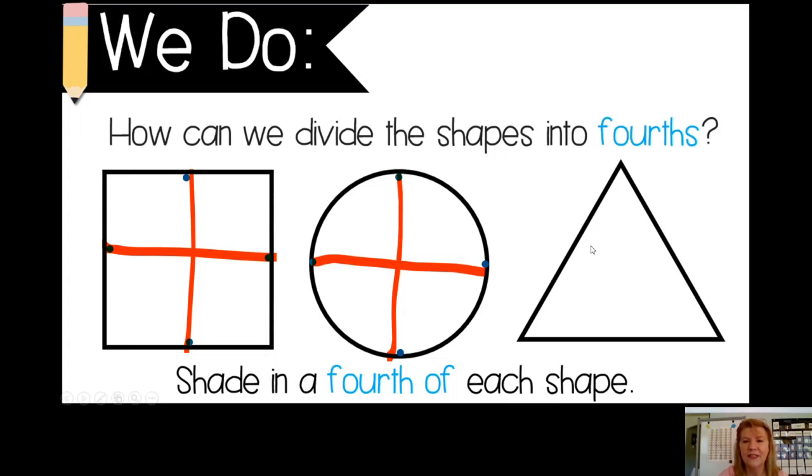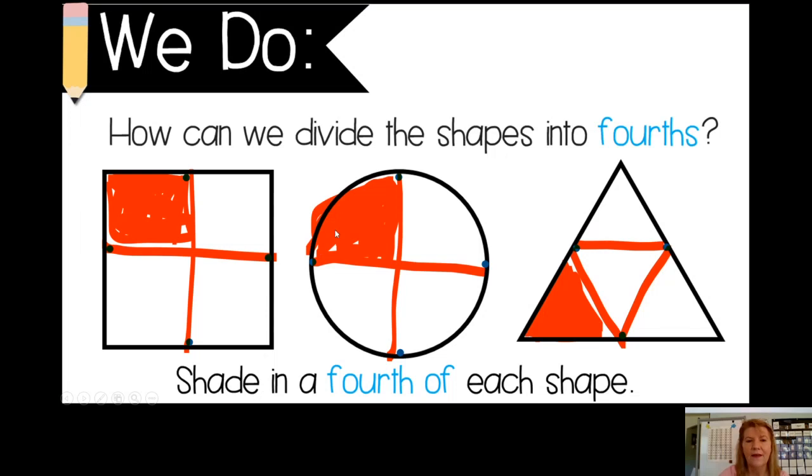We'll put a dot in the middle of each side, and then draw your lines and you get 4 triangles. And then we're going to shade in the 3 shapes, 1/4 on each, and that's 1/4.